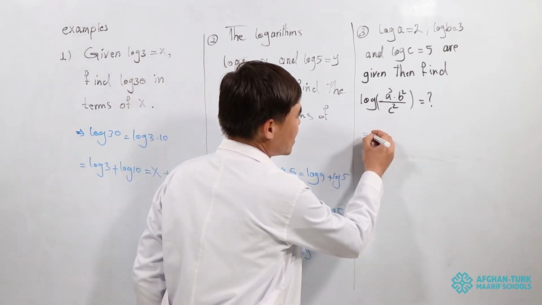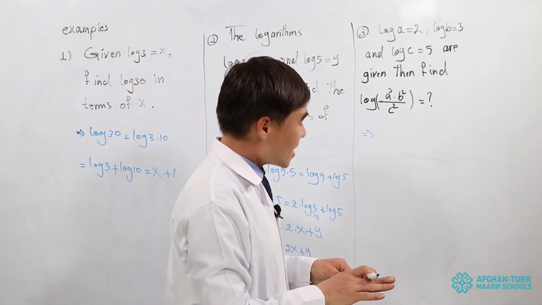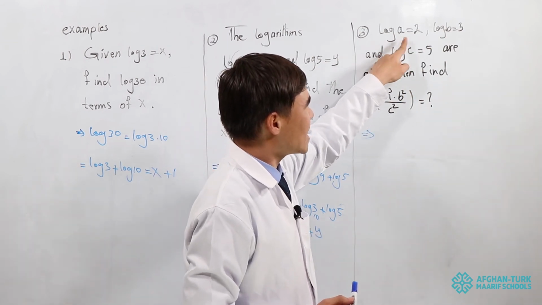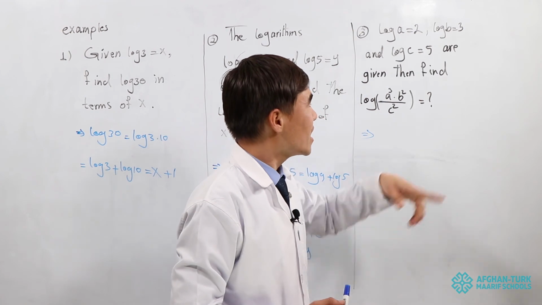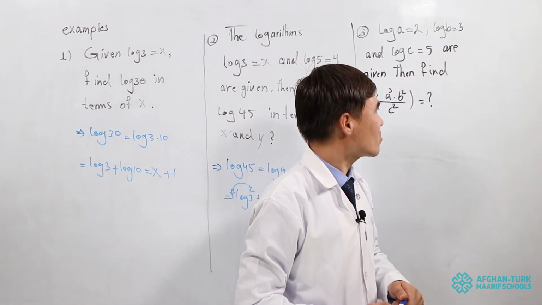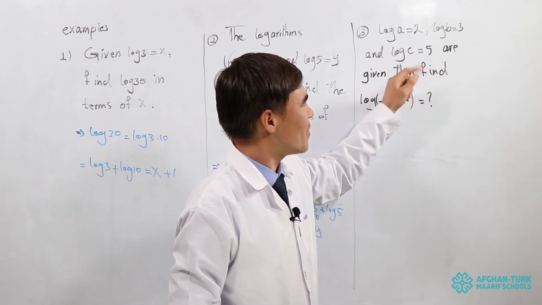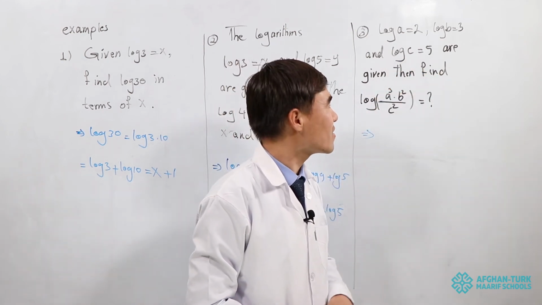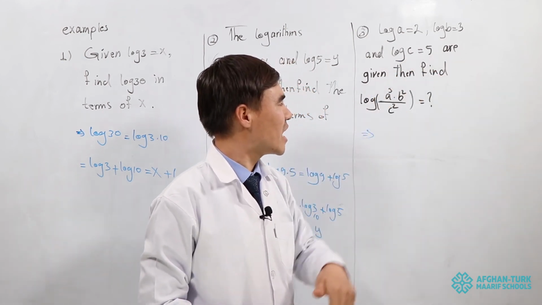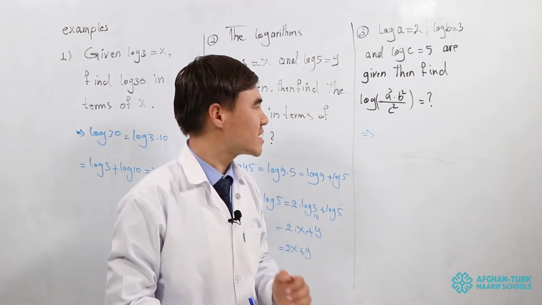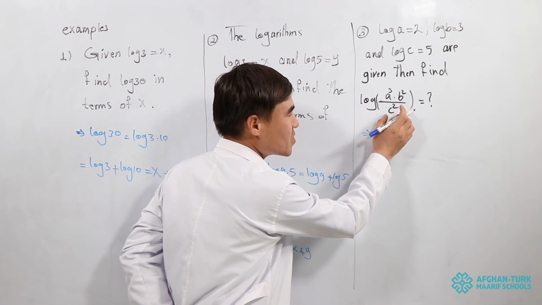Let's check there, students. Another question. Here the question says log of a to base 10 is equal with the number 2, and log of b to base 10 is equal with the number 3, and also log of c to the base 10 is equal with the number 5. It says are given, then find log of a cubed times b squared over c squared. Let's check from this part.